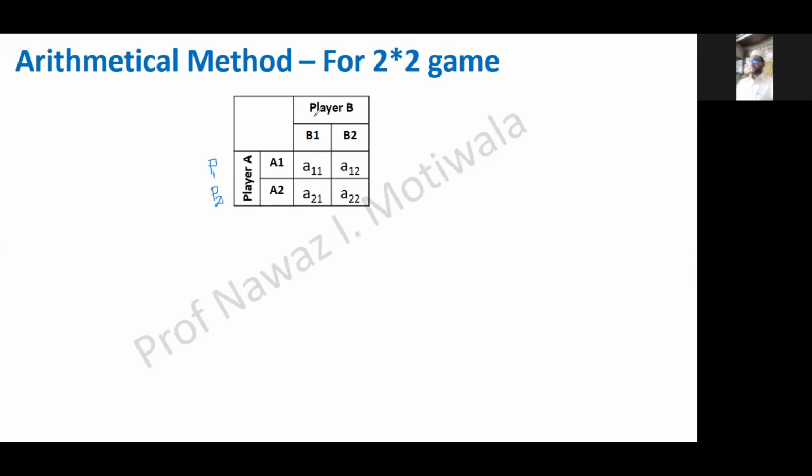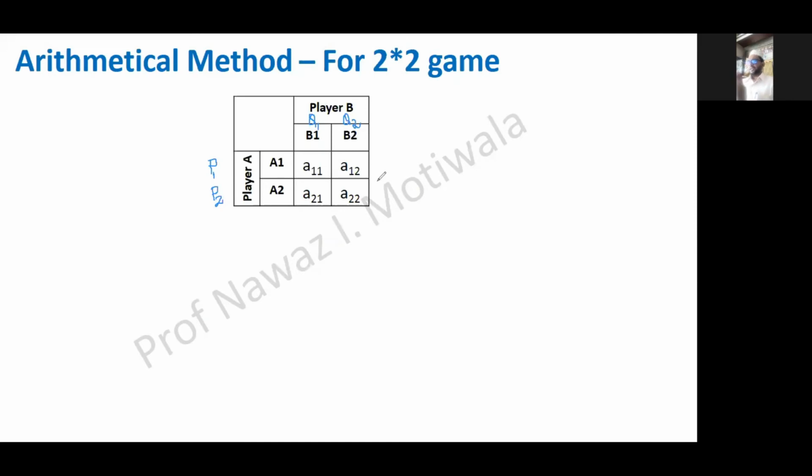Similarly, let Q1 be the probability that player B will play strategy B1, and Q2 the probability that player B plays strategy B2.